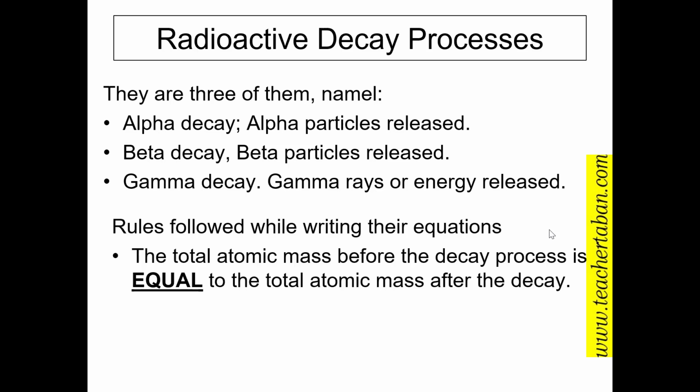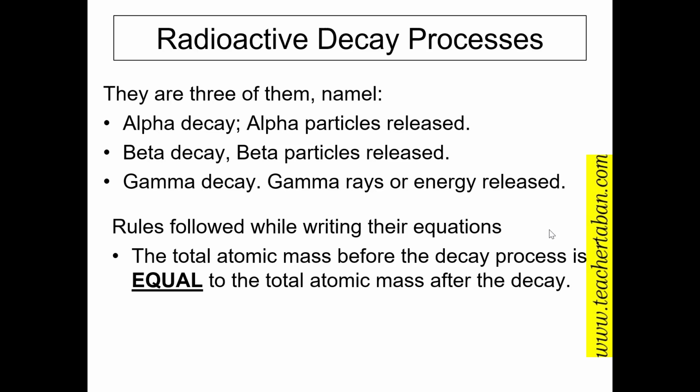So, before we start, what do we need to know? The rules that we follow while writing these decay processes are basically 2, and the first one concerns the atomic mass. Do you remember another name for atomic mass? Yes, atomic mass is the same as the mass number, or the nuclide number. The nuclide is the combination of protons and neutrons.